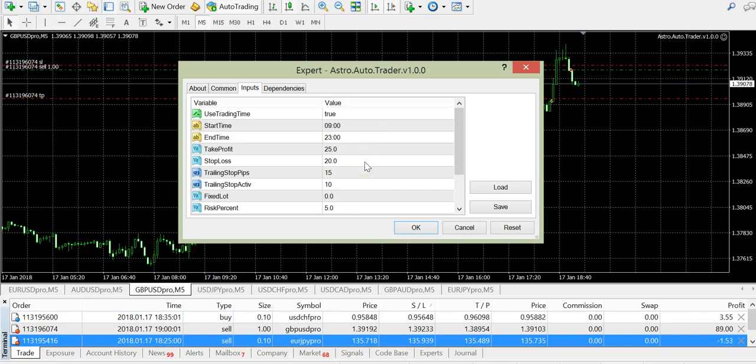It's all up to you. Then you have this function, trailing stops. Here we have when the trailing stop will be activated and how much it will be. So if the trade goes in your direction, you will lock in your profit, a minimum profit, with these limitations.